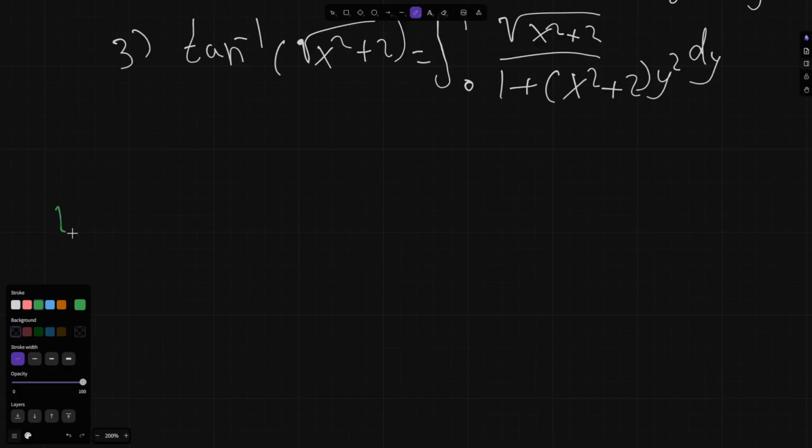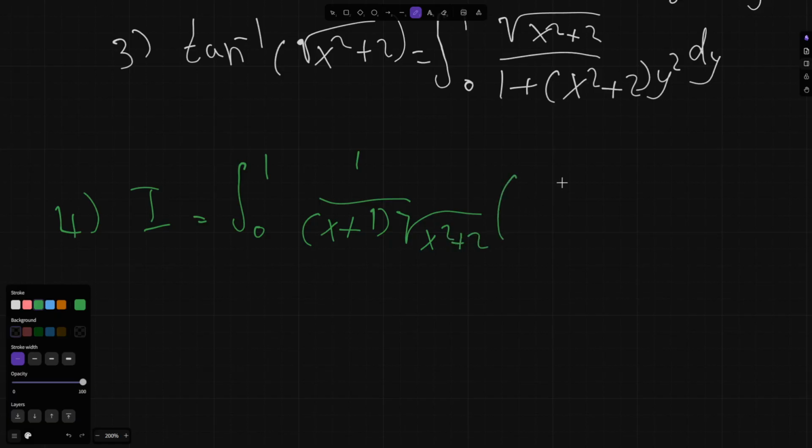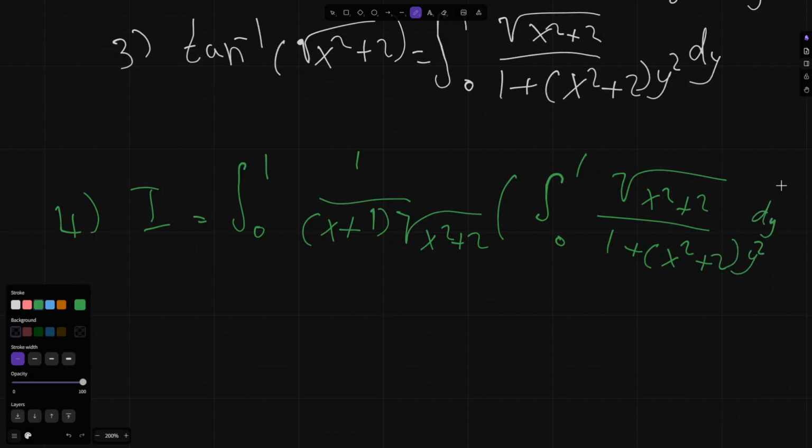I is going to become the integral from 0 to 1 of 1 over (x plus 1) times the square root of x squared plus 2, times the integral from 0 to 1 of the square root of x squared plus 2 over 1 plus (x squared plus 2) y squared dy, all by dx.